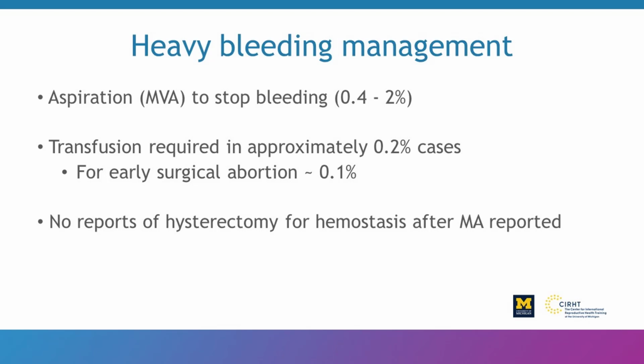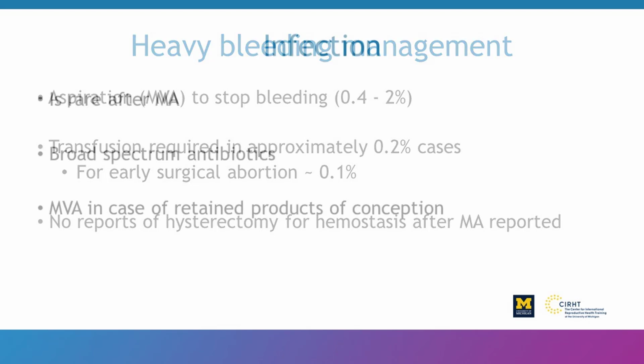There are very few cases of medical abortion in the first trimester pregnancy termination which needed transfusion, but there is no report of surgery or hysterectomy for medical abortion in the first trimester pregnancy.